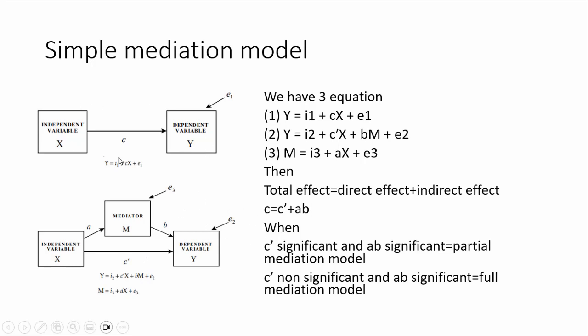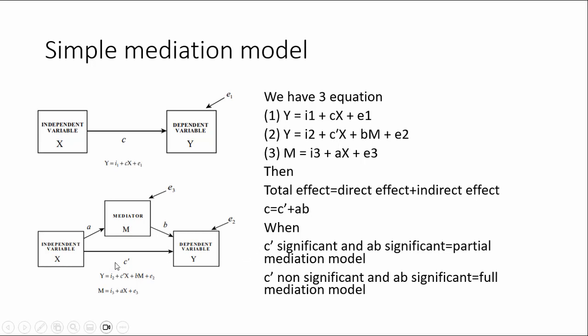This is what we call the total effect. The total effect equals the direct effect, this one, plus the indirect effect, this one. This is the formula: c equals c' plus a multiplied by b.